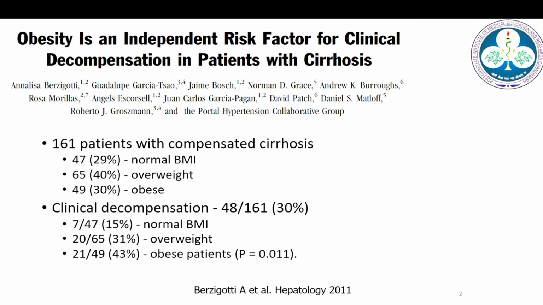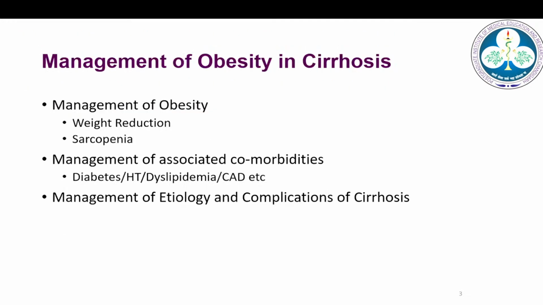On one hand, you want the patient to lose weight because he is obese, but on the other hand, you don't want to compromise on nutrition, because that is so very important in cirrhotics, which we have been hearing since yesterday. So when you talk about management of obesity in cirrhosis, as I said, there are two things.